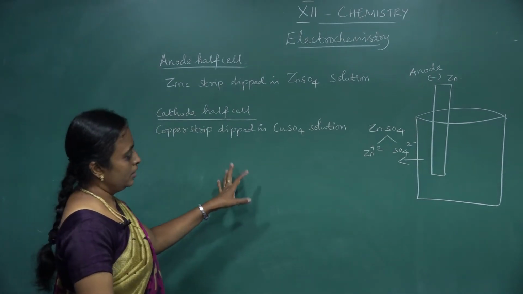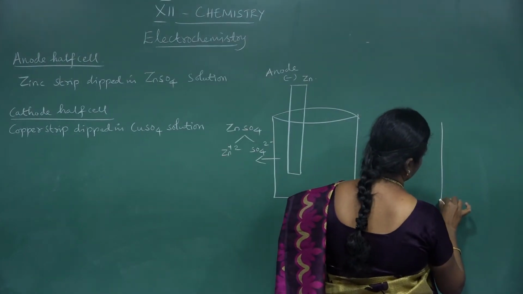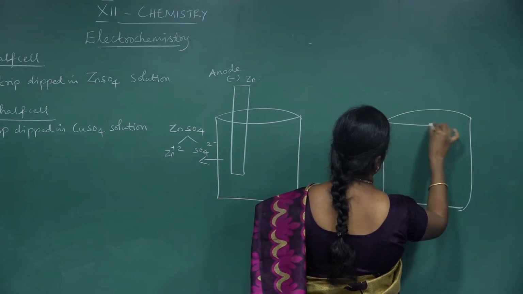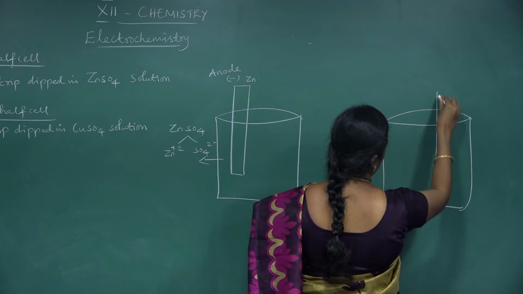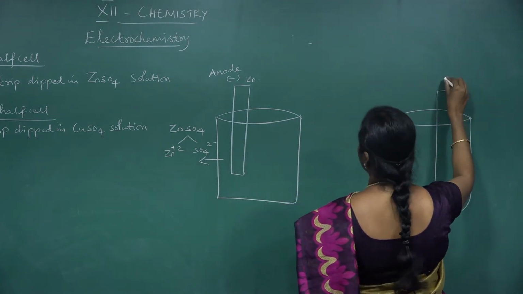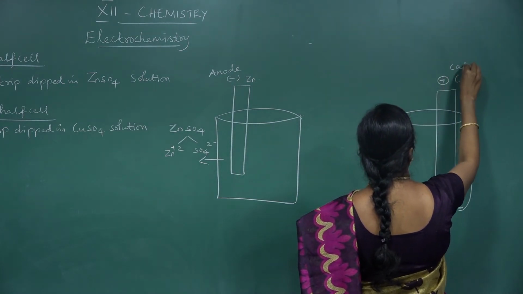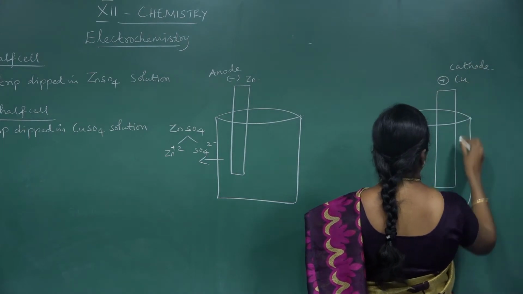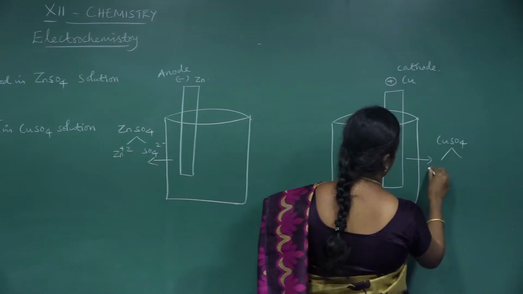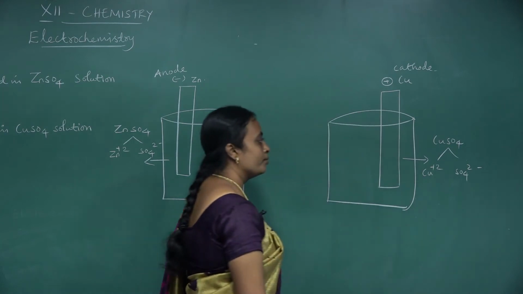Next I am going to take another half cell, that is the cathodic compartment. I am going to place a strip of copper that will act as the cathode. Here I am going to take the electrolytic solution copper sulfate, which splits up into the ions SO4 2- and Cu2+.